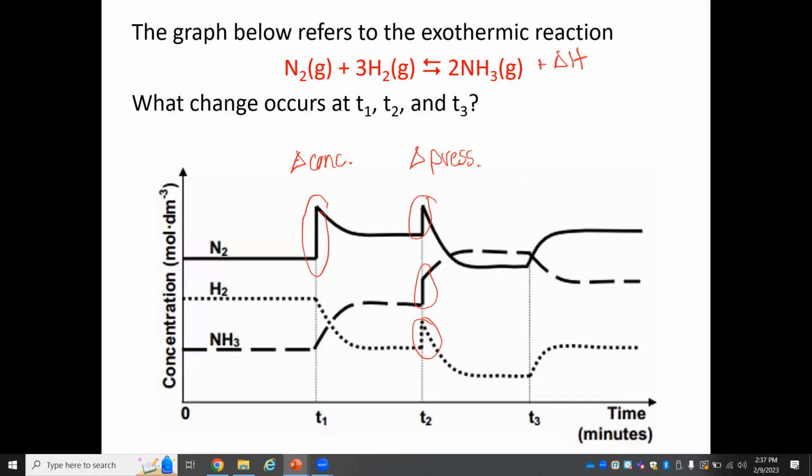Once that sudden jump occurs, that means that we're shifting towards the product side. And then at time 3, nothing has a sudden jump. So remember, that is a change in temperature. So you should be able to look at a graph and recognize what change is occurring at that point in time.